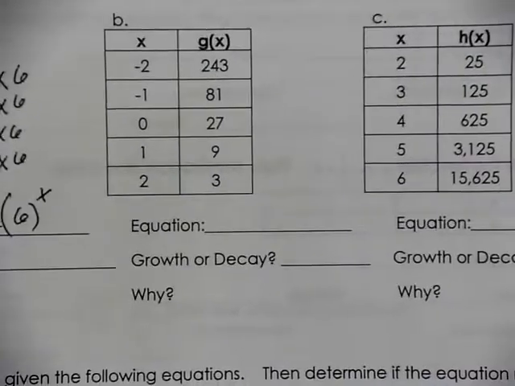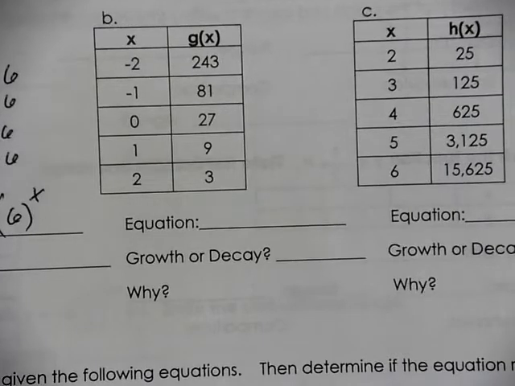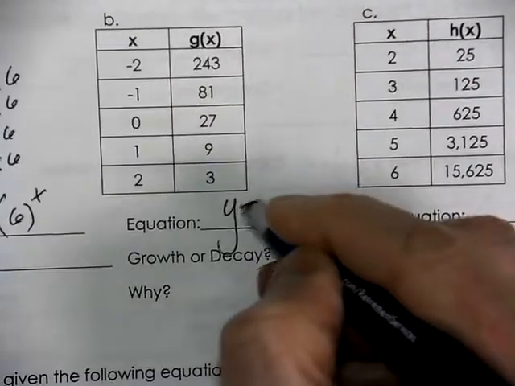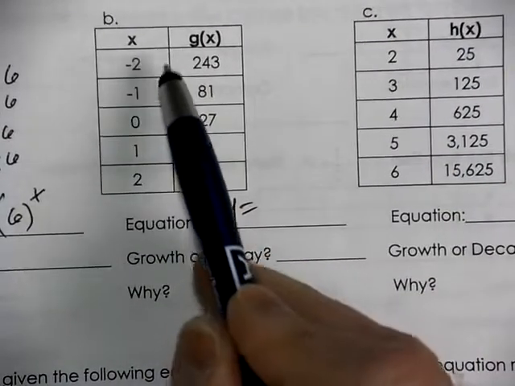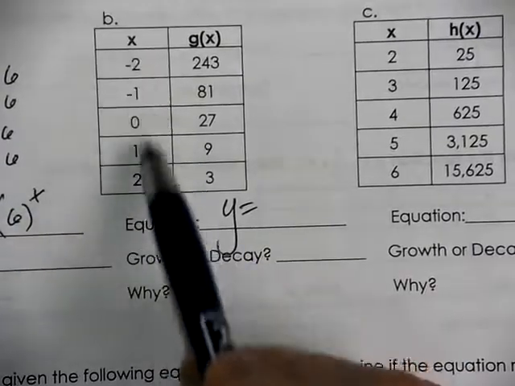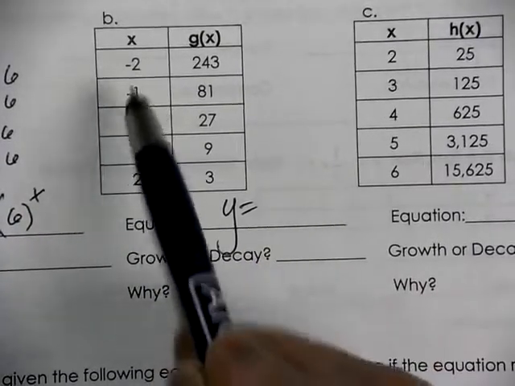For our second table, what's our equation going to be? What do you need to know to write an equation? This time we're still looking for where x is 0. This time it's not at the very top. You got to pay attention to where the x is 0.